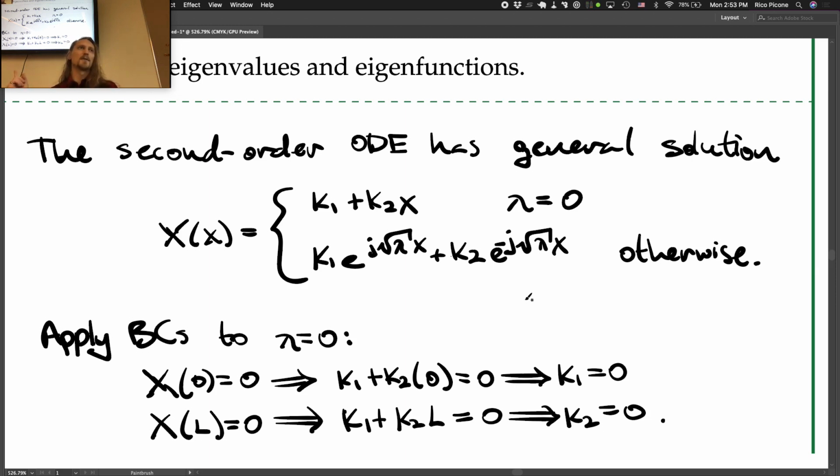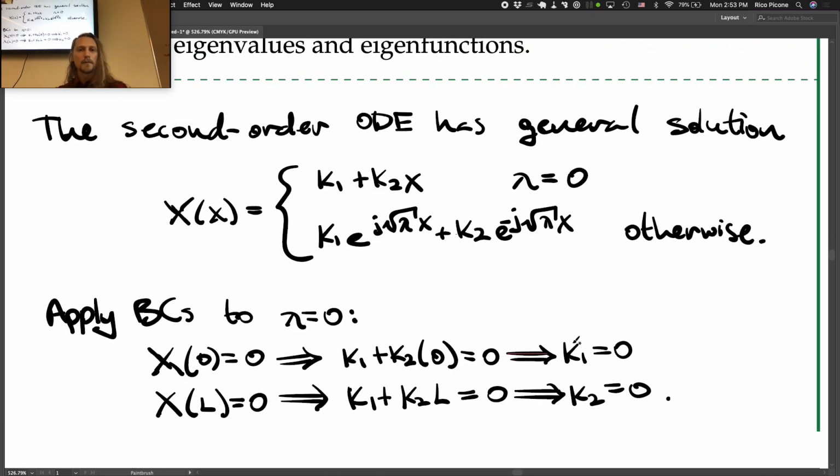We've just solved this one so many times that we remember, okay, for a repeated root, this is the solution, and for a non-repeated root, this is the solution. Yeah. So what we are solving is to find the lambda that satisfies these. So this solution in general does not satisfy the boundary conditions. So this is the general solution of the ODE.